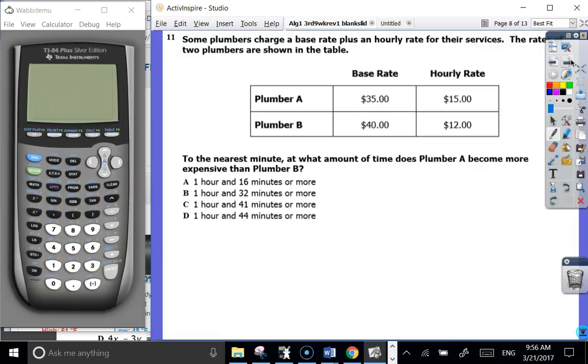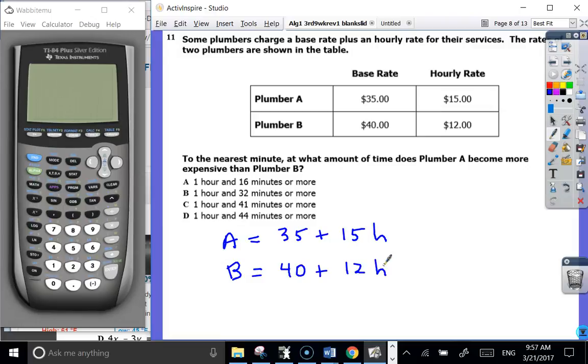So we could say plumber A would cost his base rate 35 plus what? X or H, whichever you want to say, right? What would the other guy be? 40 plus 12H. Again, now you would have to use X, but this is already solved for Y.